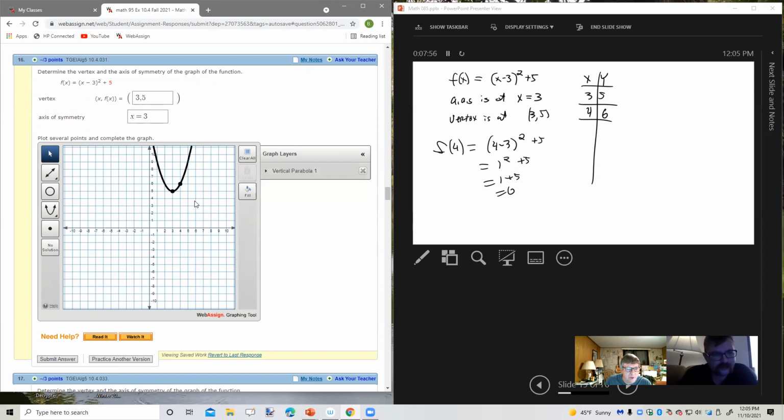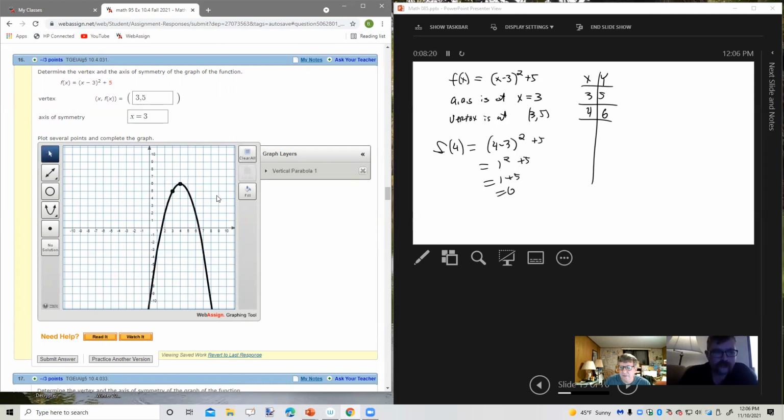Now, what I want to do is show you why you have to do it in this order. Let's say that instead I ignore Mr. Mayo's instructions and I plot 4, 6 first. That is a point on the graph, but it's not the vertex. WebAssign says, oh, that's the vertex because it's the first point you plotted, and then this one.